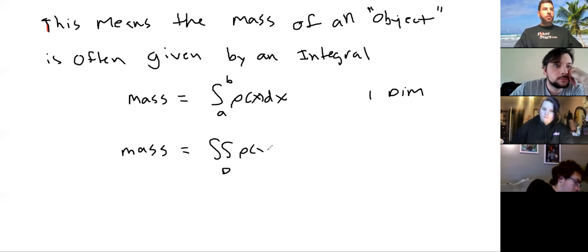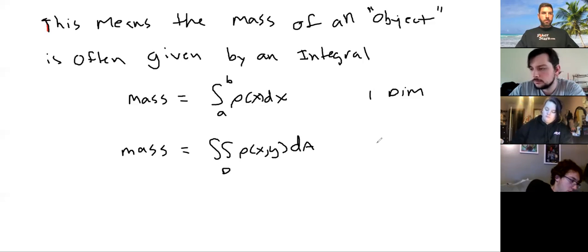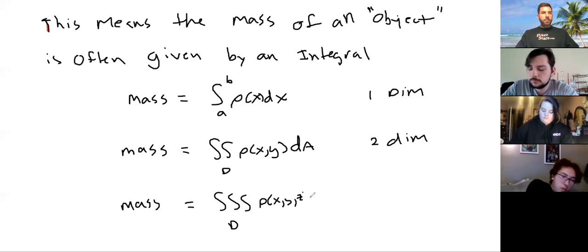And so that means it is possible that your density is dependent on where you're located on said object. So that would be one dimension, that would be two dimensions. And then, of course, in three dimensions, it is possible that your density is dependent on all three spatial dimensions.